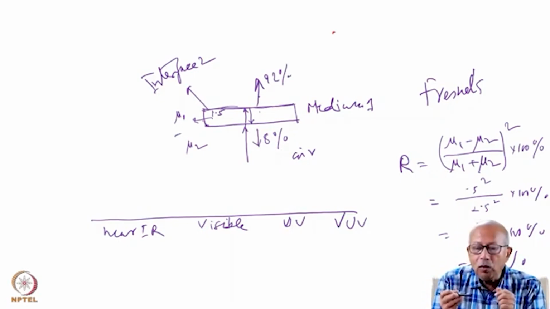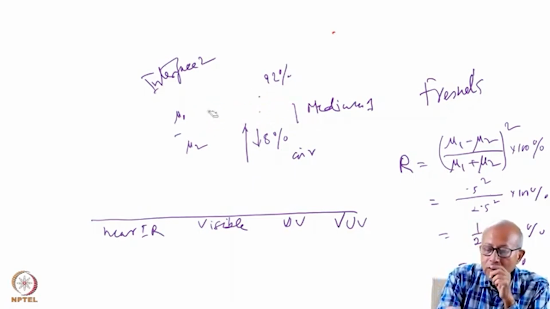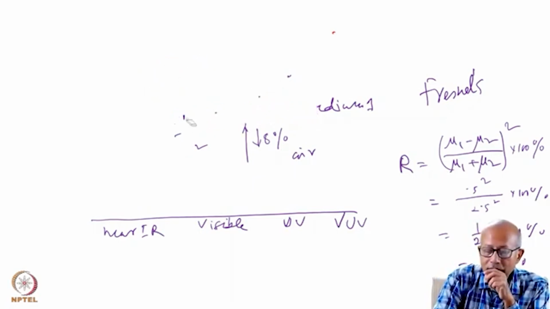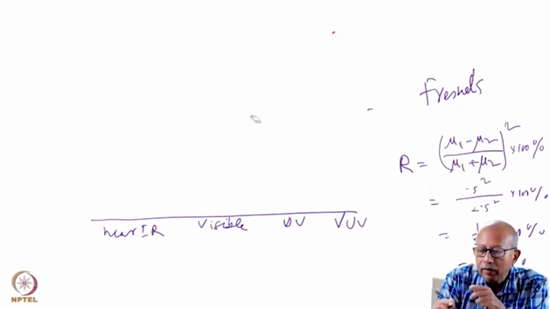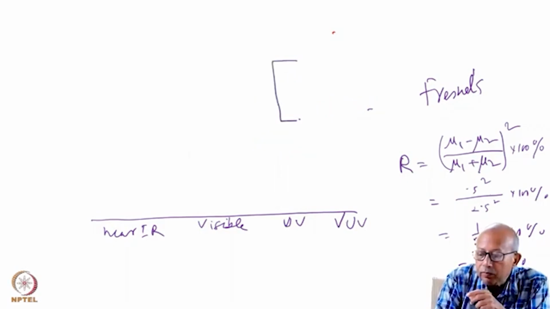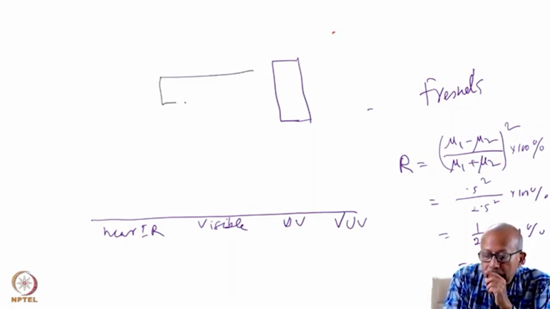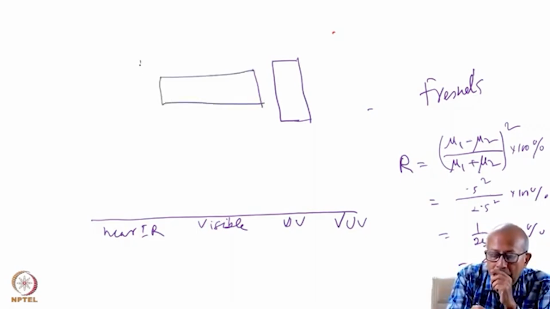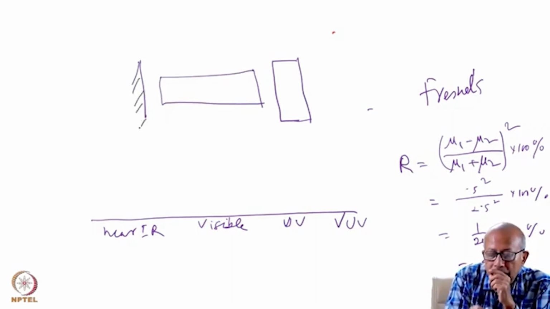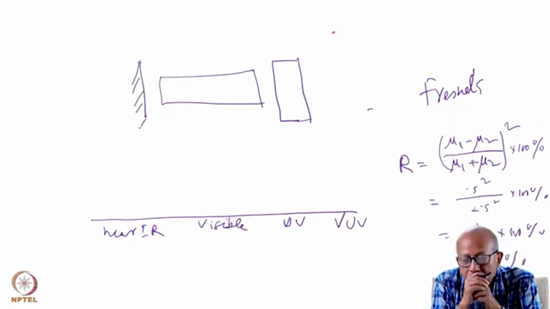So then finally, you may now think that okay, we will have a glass plate, and you have your laser. Laser means the active medium, and you have one totally reflective mirror.